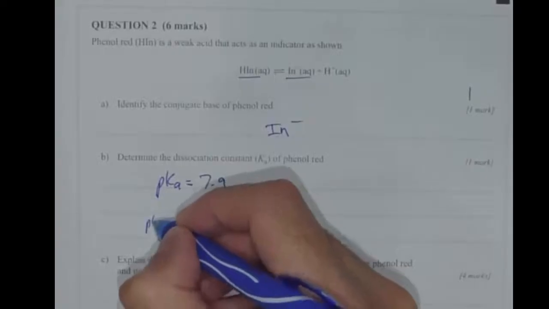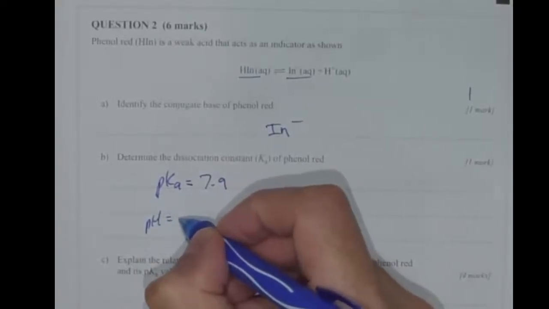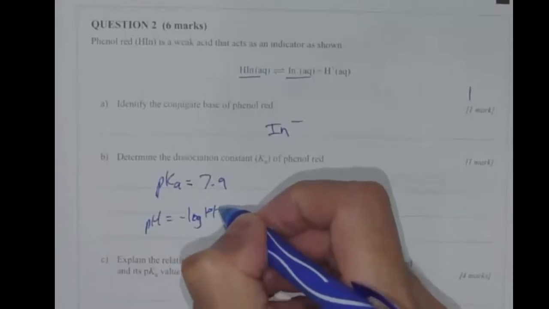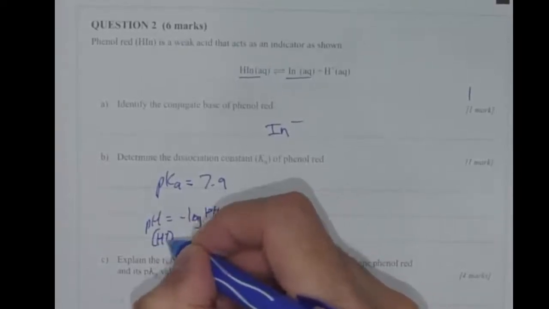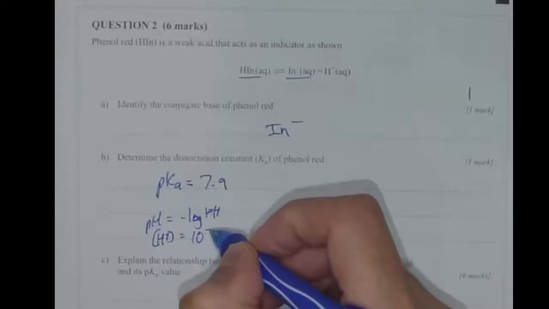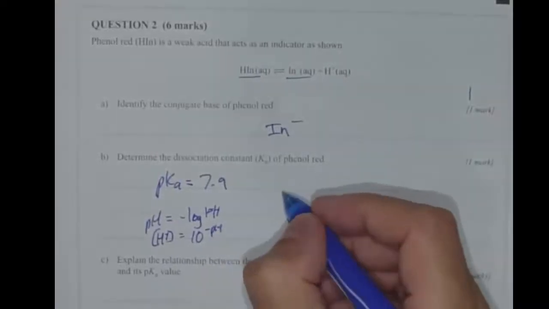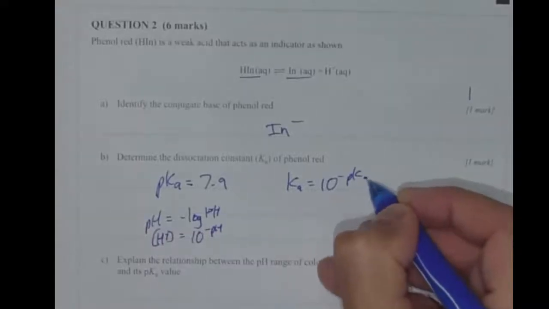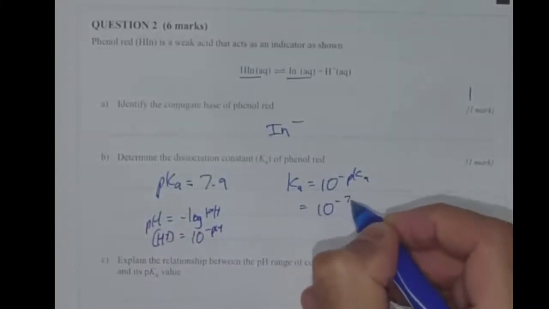So this is like pH. pH is the negative log of the H ion concentration, and the H ion concentration is 10 to the minus pH. So the Ka will equal 10 to the minus pKa, which equals 10 to the minus 7.9.